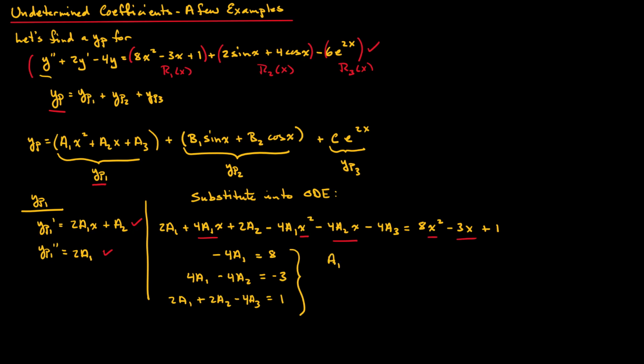Fairly easy to solve. We find that a1 will be equal to negative 2, a2 negative 5 over 4, and a3 15 over 8. Thus, this tells us that yp1 will be equal to minus 2 x squared minus 5 over 4 multiplied by x plus 15 over 8.